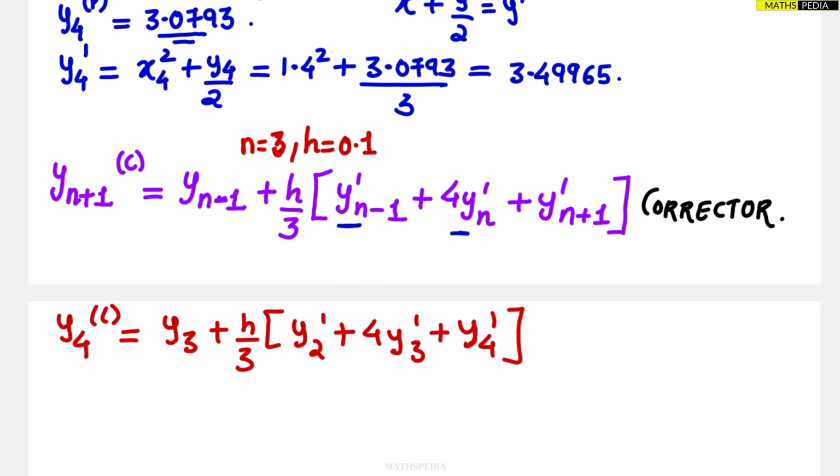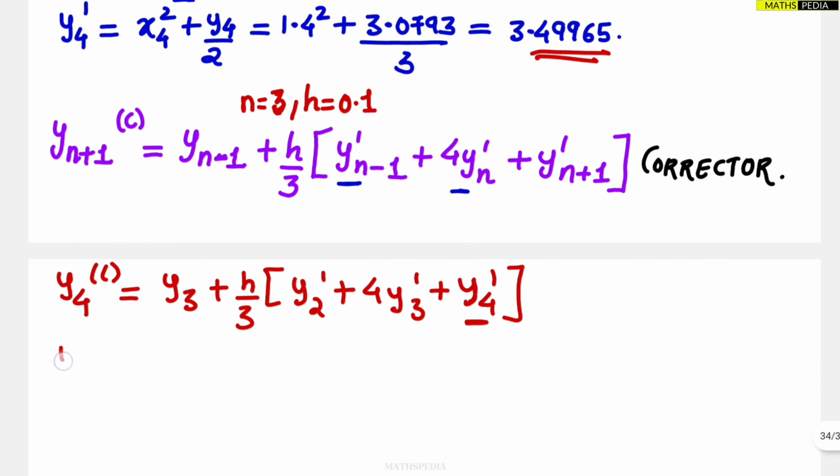So in this formula you can understand that y4 dash is already there in this formula, right? So we are going to substitute that y4 dash value in this particular equation. Okay, so we'll be getting y4, the corrected value. Substitute all the values. Sorry, this was y2.